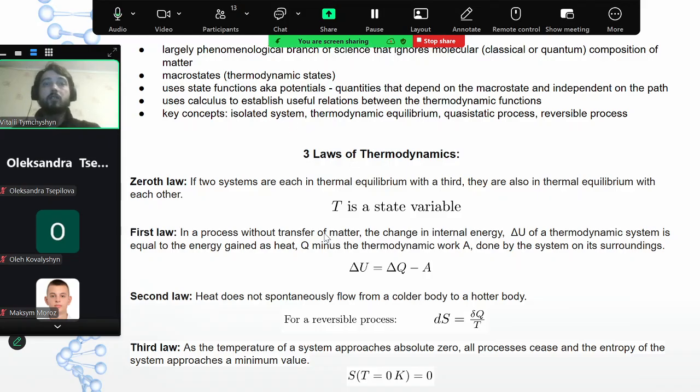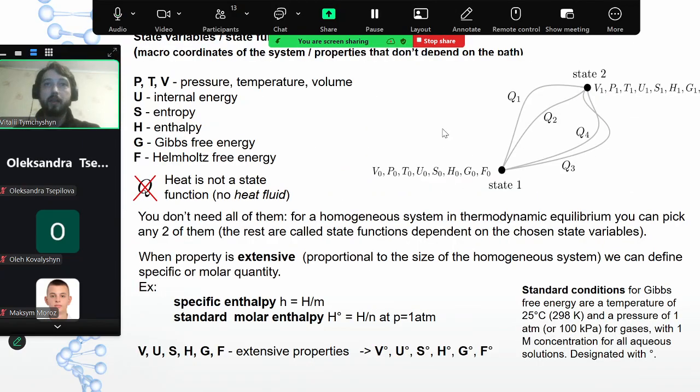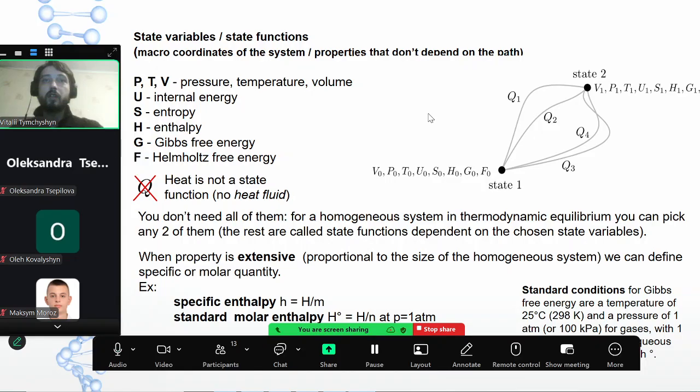If in the case of statistical mechanics we operated with microstates, then here we operate with macrostates, so the state that describes the whole system. And here we use some functions, aka potentials, so quantities that depend on the macrostate and are independent of the path. So here they are.